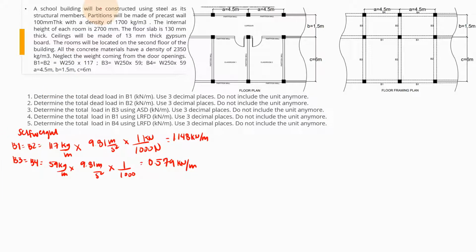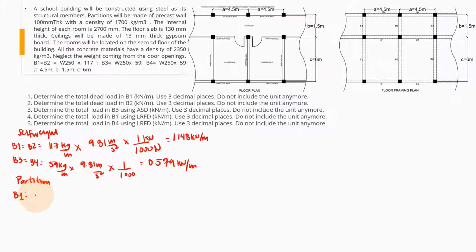Next, we proceed to the partition walls. Let us look at the partition wall that rests on our beam 1. We neglect the door opening and the weight from the door itself, so we consider this as a whole.